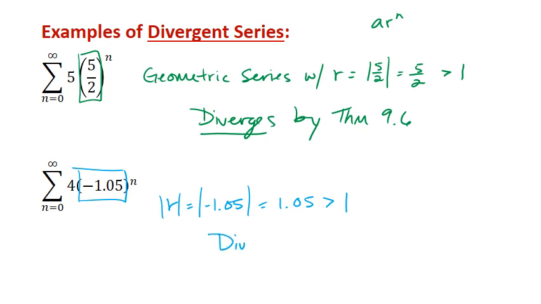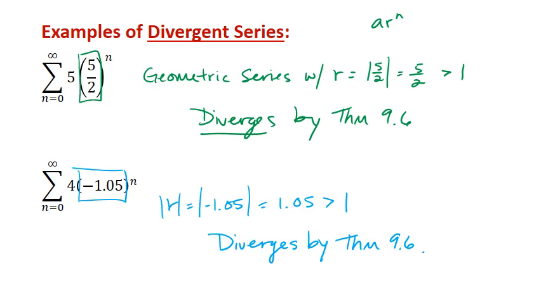So this will also diverge. Okay, so really identifying convergent or divergent series for geometric series is pretty straightforward, and it's just by observing what that common ratio is.